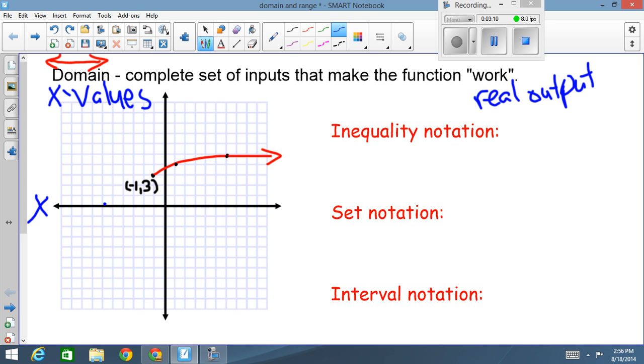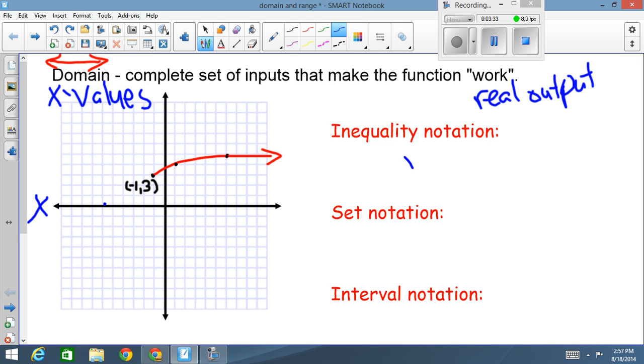Inequality basically says you're going to have a greater than or you're going to have a less than in your little statement here. And for me, I can see that my x values start right here at -1 and go on and on this way all the way up to infinity. All of those x values work, but nothing to the left of that works.